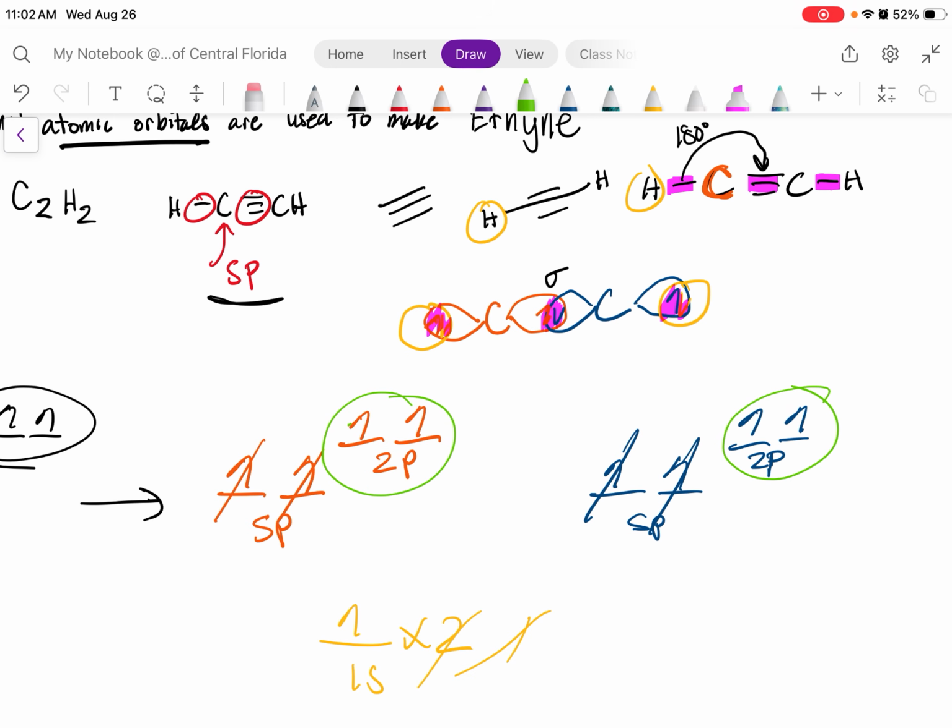So we are going to have green and green, and then red and red. So let's draw the green p orbitals, and they're going to be perpendicular to the sp hybridized orbitals, like this and like this. Draw on the phase. And so this green electron I'll put here, and then this green electron I'll put here.